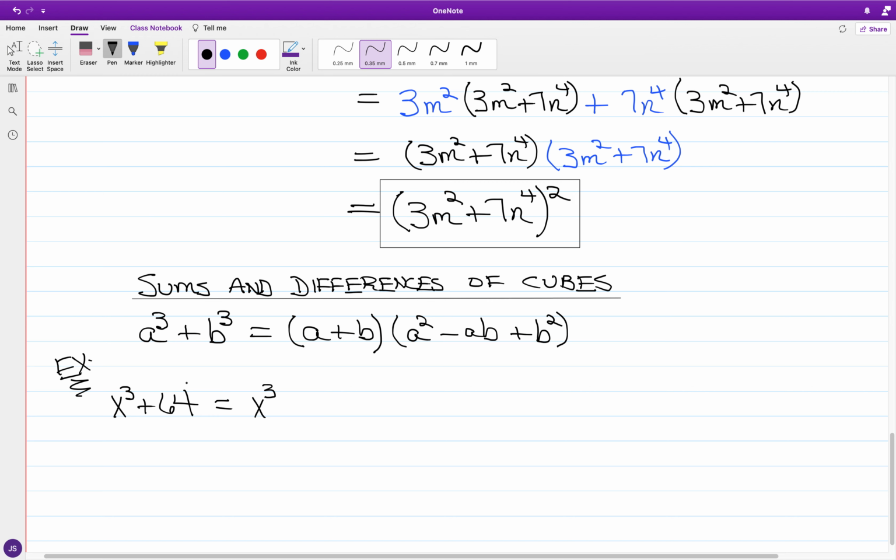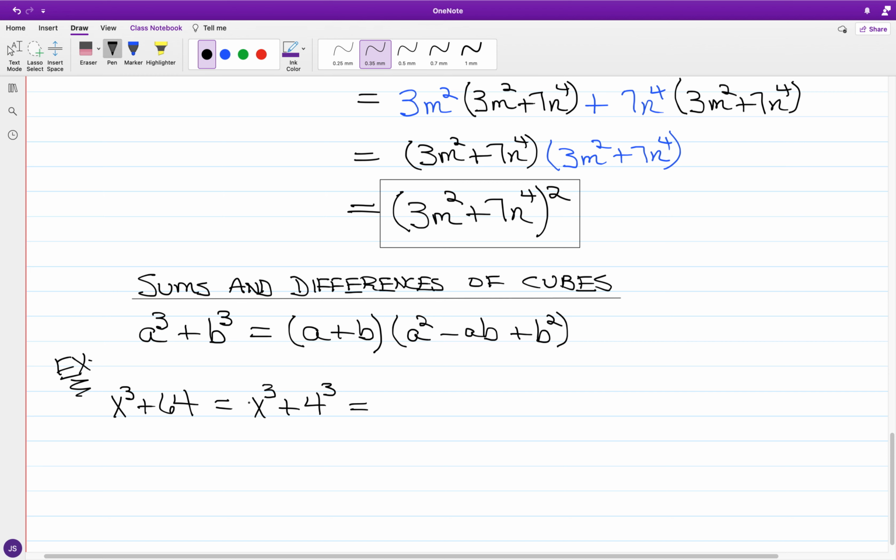So if I'm looking at what b will represent, it'll be that number times itself, that would give you 64. Now 64 would be the square of 8, like 8 times 8 is 64. But in terms of cubes, 64 is going to be the cube of 4, since 4 times 4 is 16, times 4 is 64. So 64 is going to be the cube of 4.